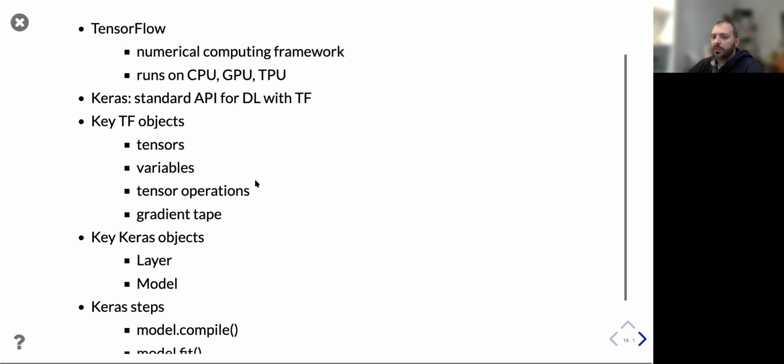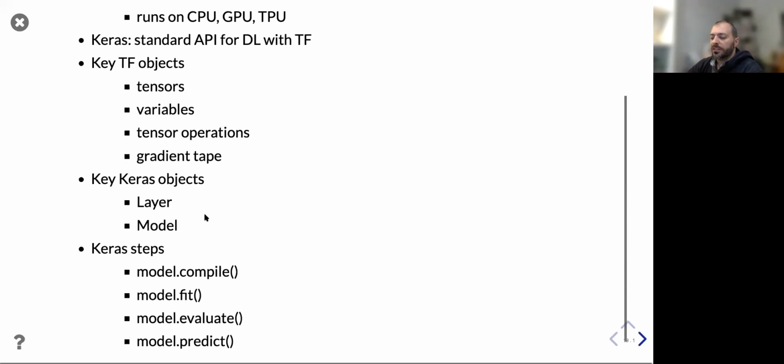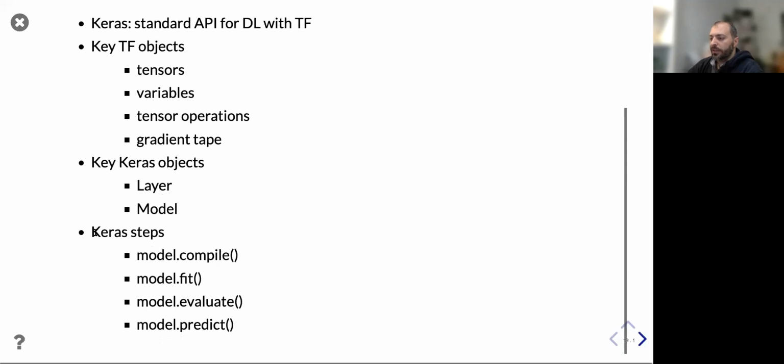And then we have Keras. For Keras, we saw the layer class, the layer template, how you can inherit the layer template and use it to define your own simple layers in our case, and how you can build a model using the sequential way. And then for the Keras steps, these are the main methods you have to remember for a model.